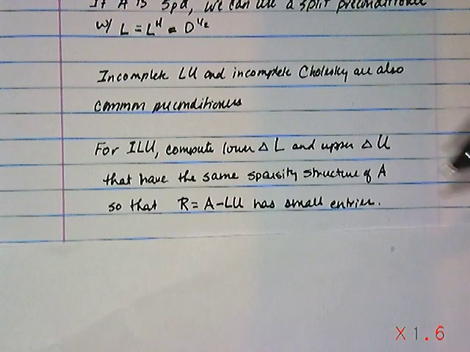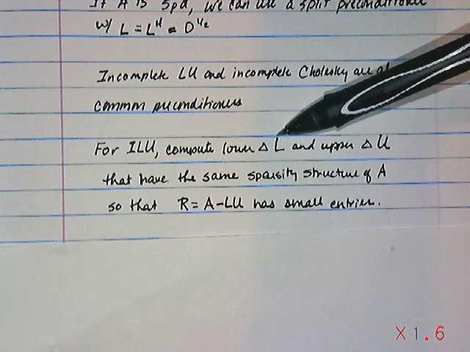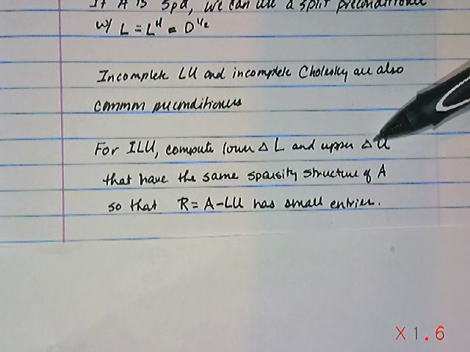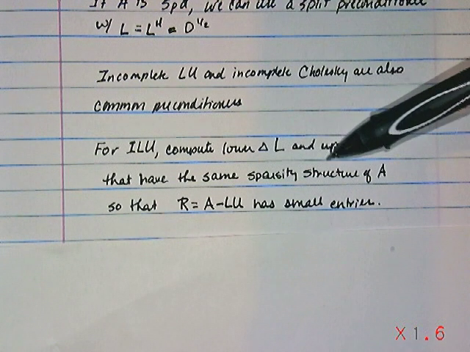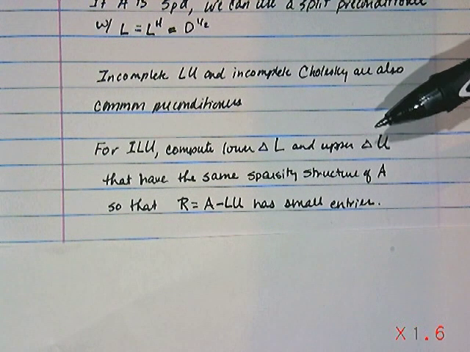I'll talk just briefly about ILU, which is incomplete LU. The idea is to compute a lower triangular matrix L and upper triangular matrix U that have the same sparsity structure as A. It's not the complete LU because you don't really worry about the exact values.